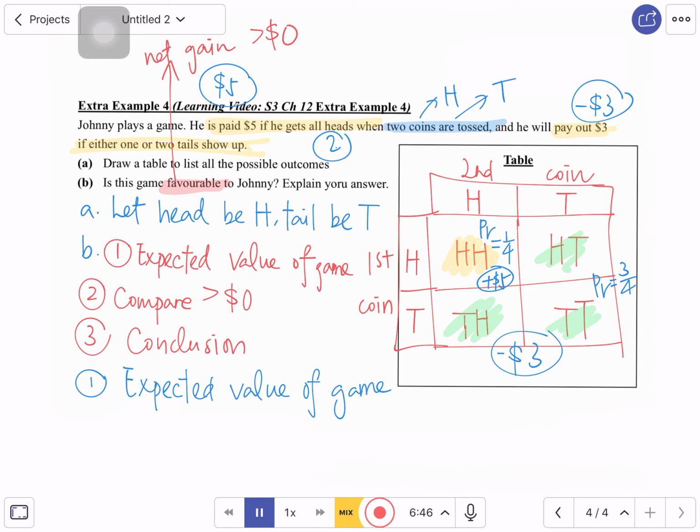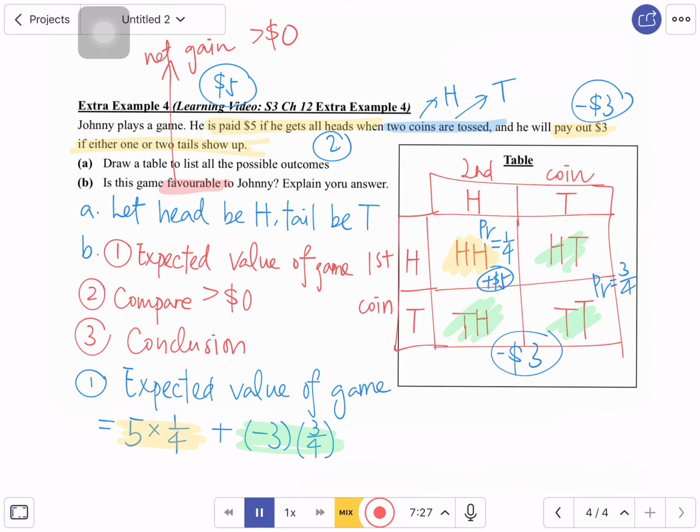So for the yellow case 1, for the $5, we need to multiply by the probability. 5 times 1/4, that is the yellow case. And then we add the second case, that is he loses $3, and the probability of losing $3 will be 3/4. So it means the green cases.